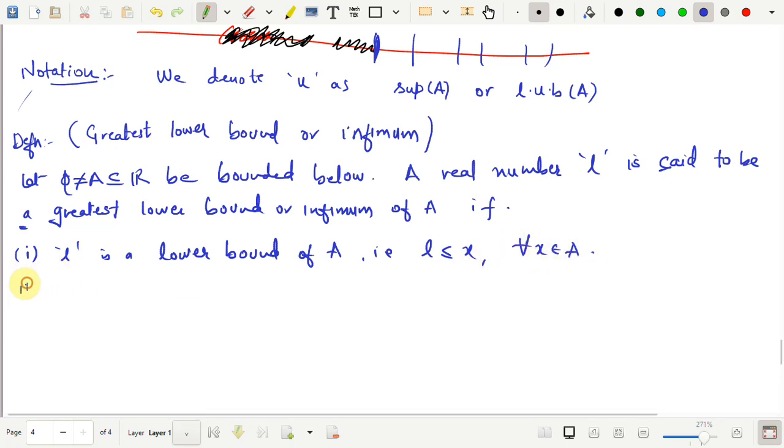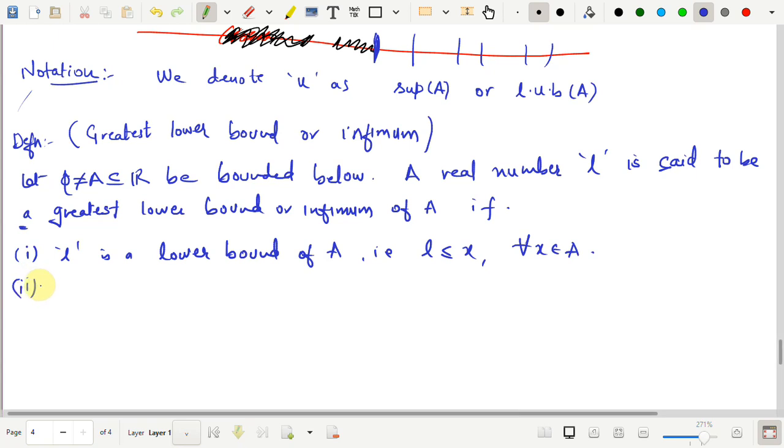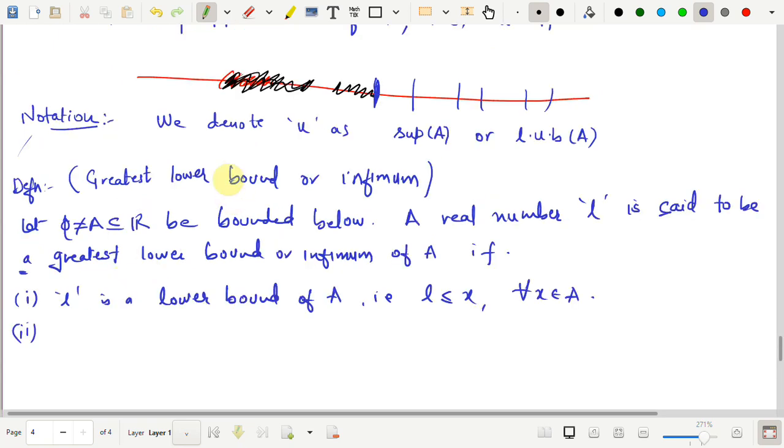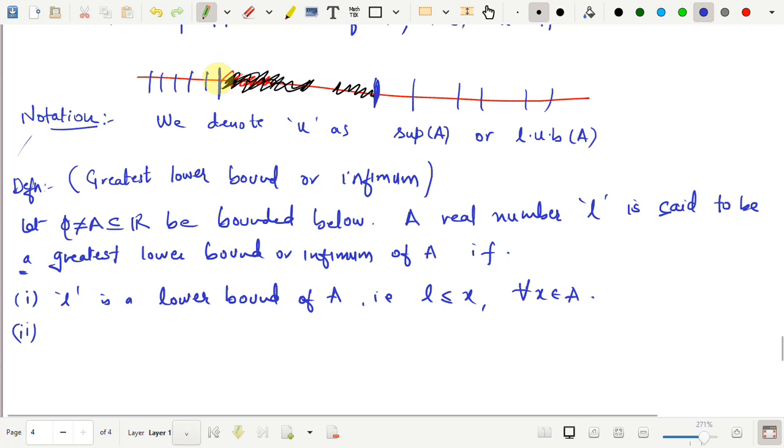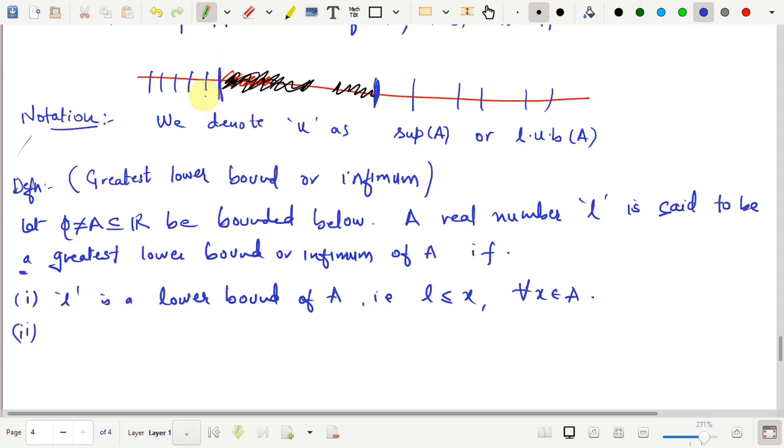Second, it is the greatest among all the lower bounds. Just look at this. Lower bounds are always placed on the left hand side of the set, and I can have the greatest lower bound which is closer to this set. All the other lower bounds lie to the left of this lower bound and are less than or equal to it, so we choose the greatest among them, and it is the unique lower bound that we have.